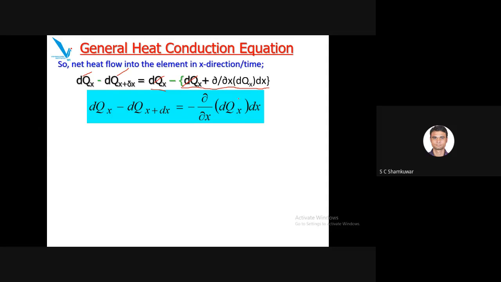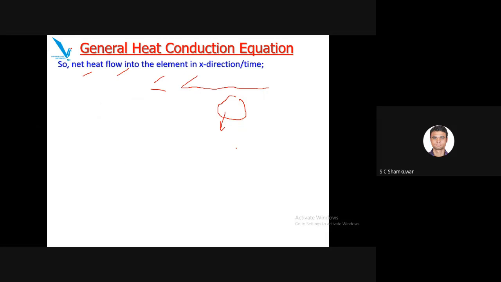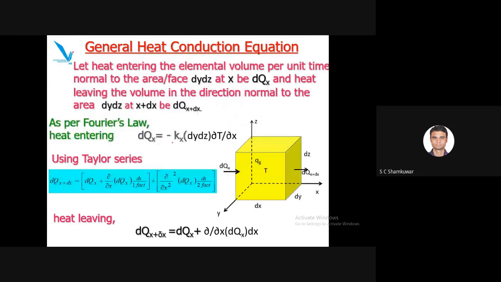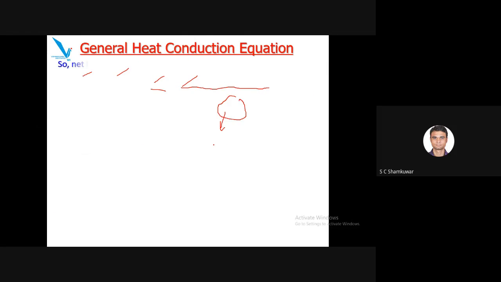Okay, and what is now dQx? We have calculated. It is minus kx dy dz delta T by delta x. Here if you see, what is dQx? Minus kx dy dz into delta T by delta x.